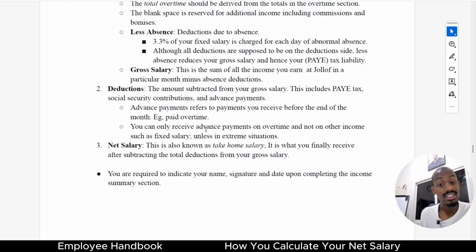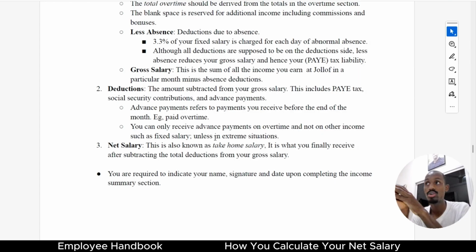You can only receive advance payment on overtime and not on other income such as fixed salary, unless in extreme situations. I don't know what extreme even means here, but it's almost impossible for you to tell the company, you have an emergency, please give me this money and deduct it from my salary. No, the company does not do that.